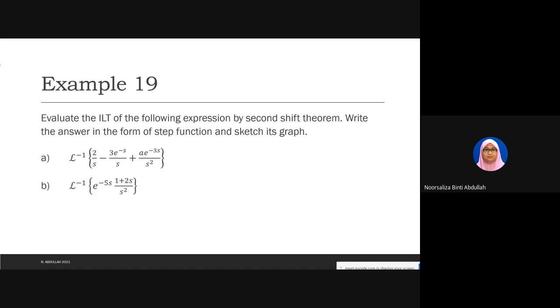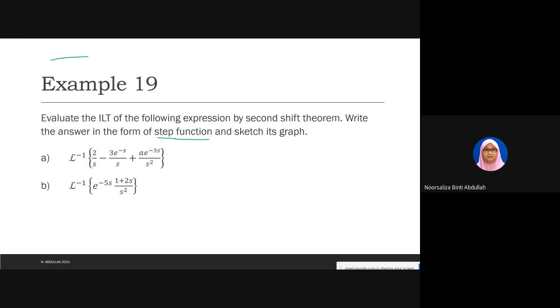Evaluate the inverse Laplace transform of the following expression by the second shift theorem, and then write the answer in the form of step function. Dia kata step function, bukan unit step. So you have to differentiate between step function and unit step function.